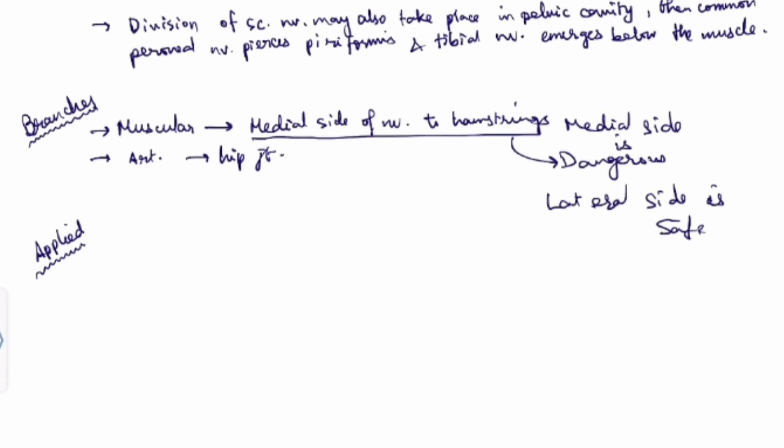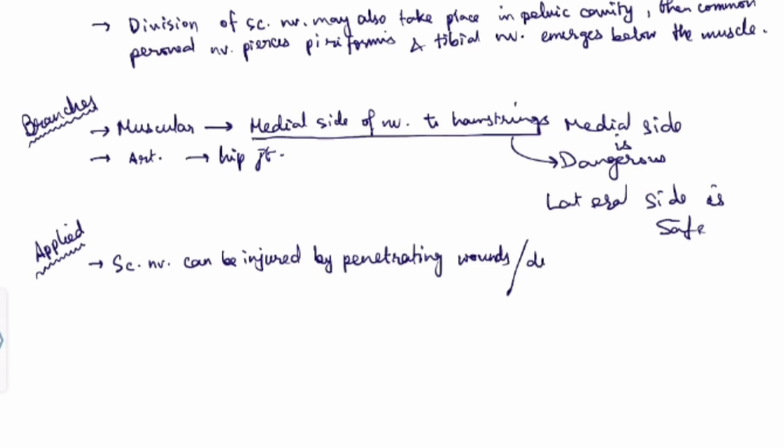The sciatic nerve can be injured by penetrating wounds, or lacerating injury, dislocation of the hip joint, or fracture of the pelvis.